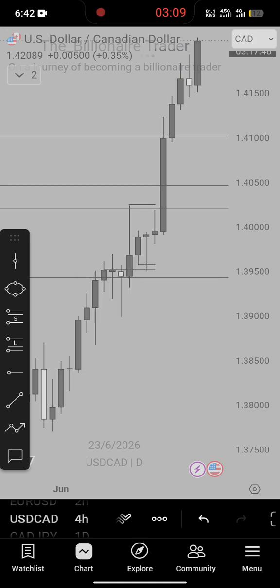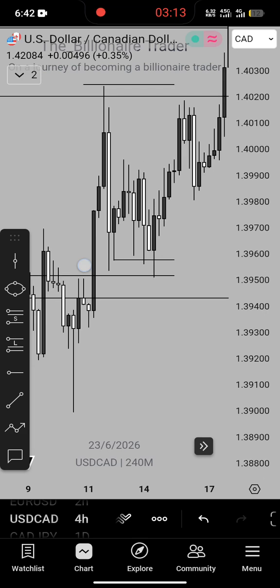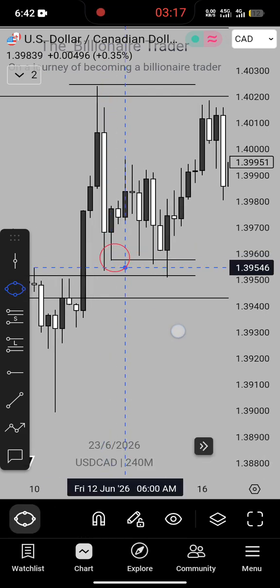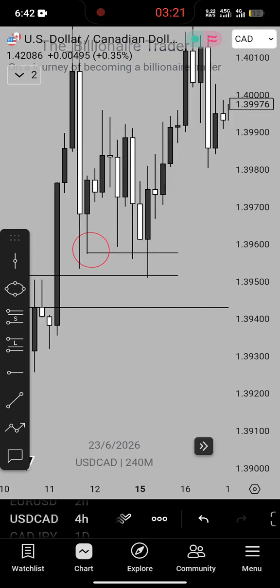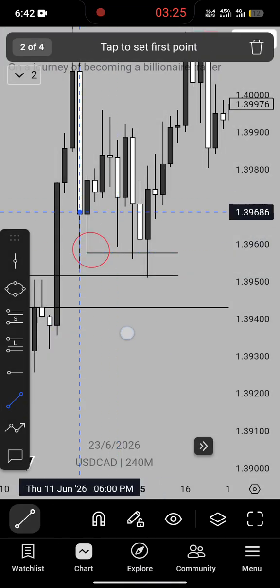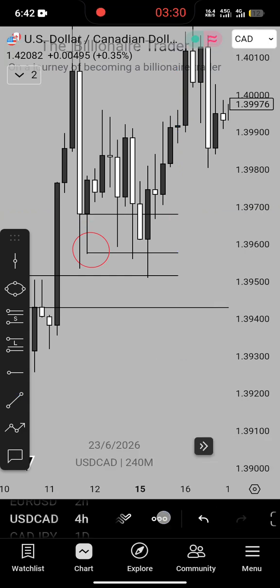On 4 hours time frame, when price swept the previous day low, this particular low here, price closed above this opposing key level. Let's go to the line chart so that you can see it clearly.